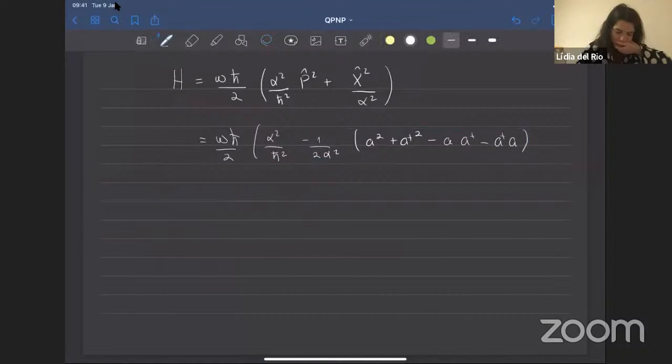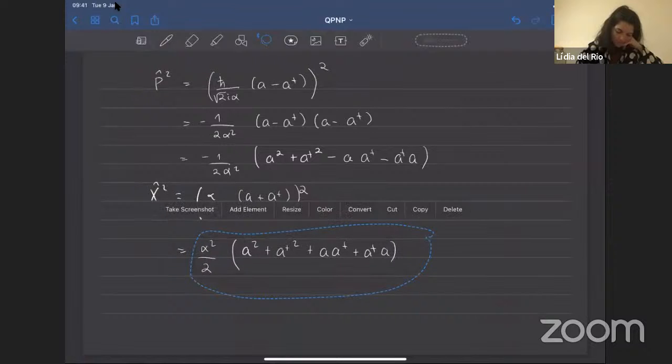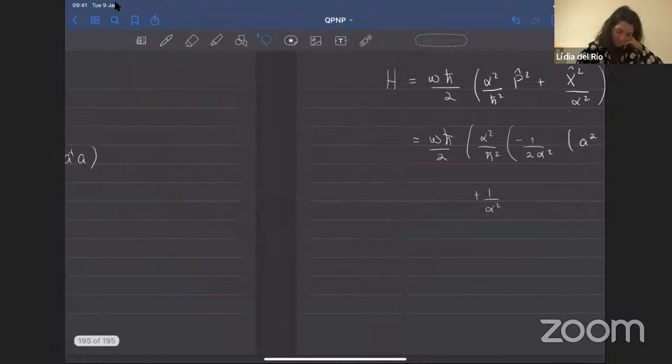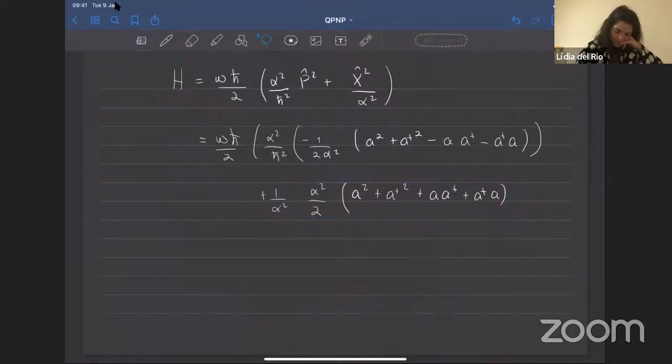So this is in brackets, plus 1 over alpha squared. This is all inside the big brackets. Now my x squared. There you go. Okay, great. So as you can see, it's already going to be very nice because we can cancel out.